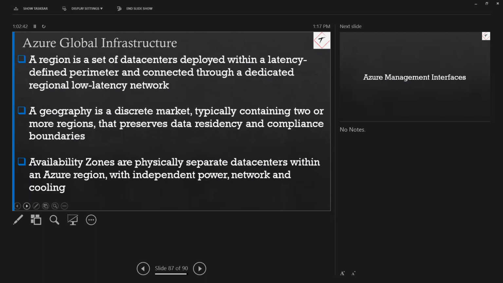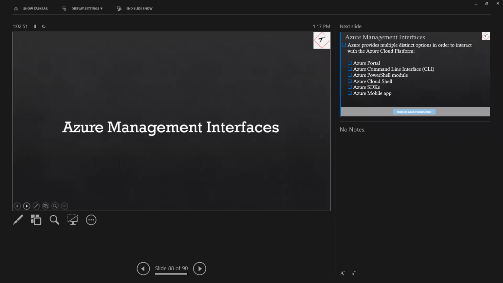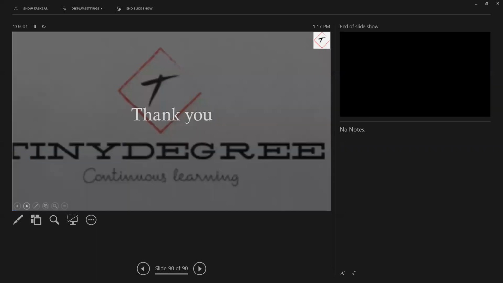Availability zones are physically separate data centers within a region with independent power, network, and cooling. Different types of management interfaces we saw: portal, command line interface, Cloud Shell, SDKs, and mobile apps.